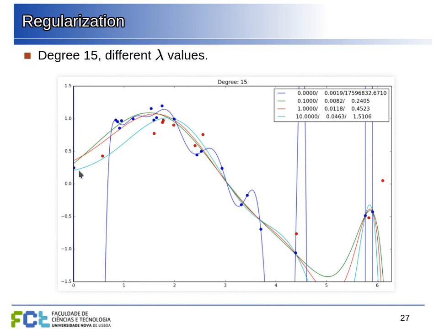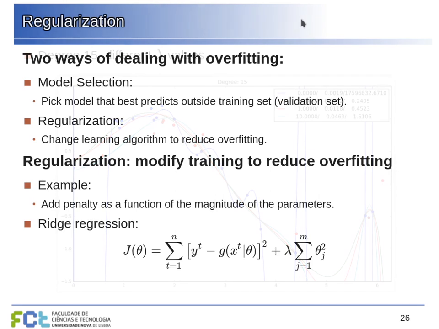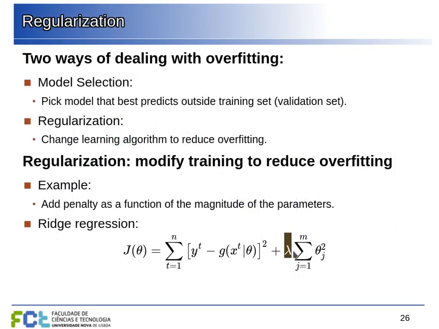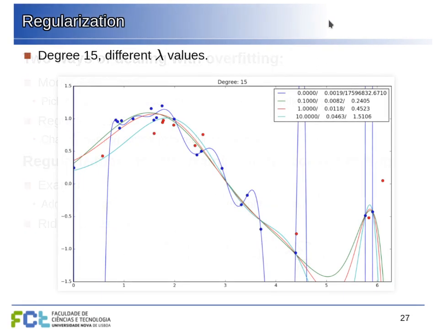Let's suppose we have this data set here. We have a training set in blue, and a validation set here in red, and we can use this to choose the best regularization term for ridge regression. So this value here, this lambda, is what we are trying to optimize.